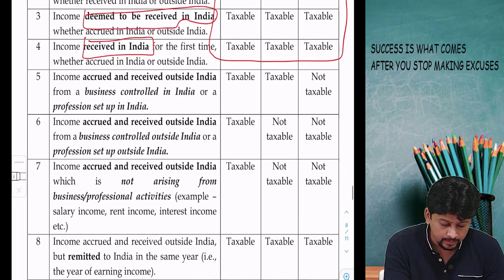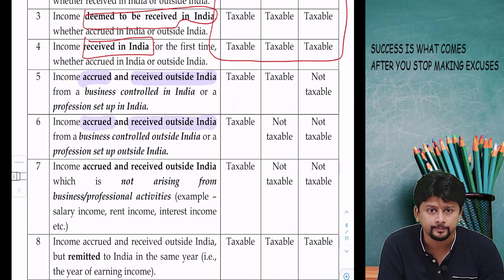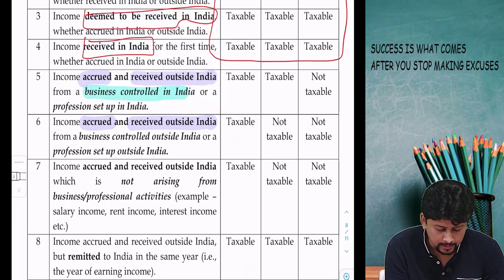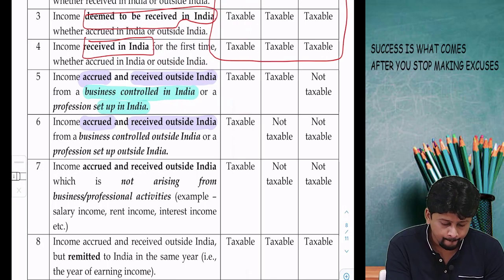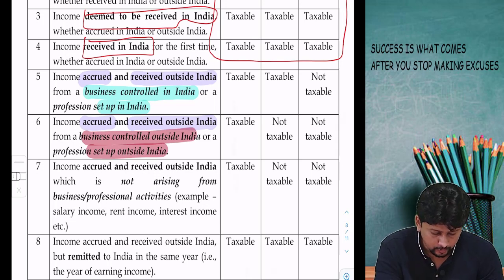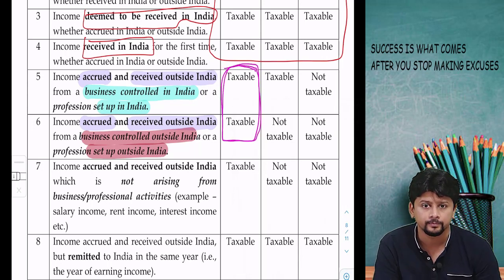If the income is accrued and received outside India, point number 5 and 6 being discussed together, accrued and received outside India. But your business profession control in point 5 is in India and in point 6 it is outside India. Now if you make a careful observation, for the first residential status, it does not matter where the control of business profession is, the income is taxable.